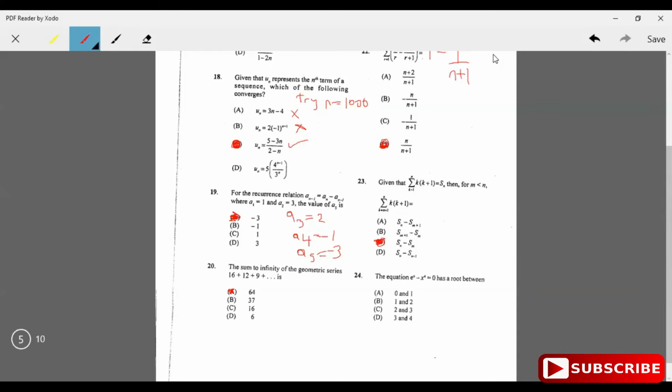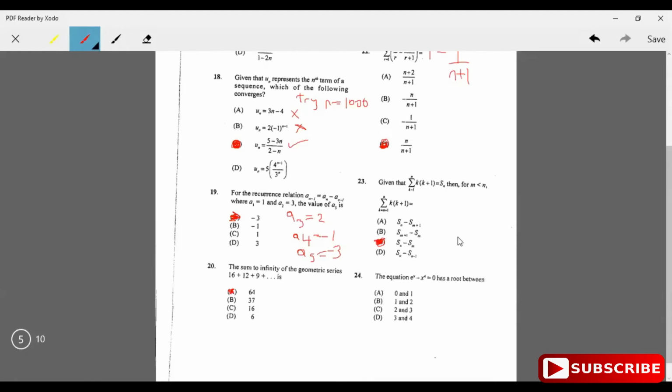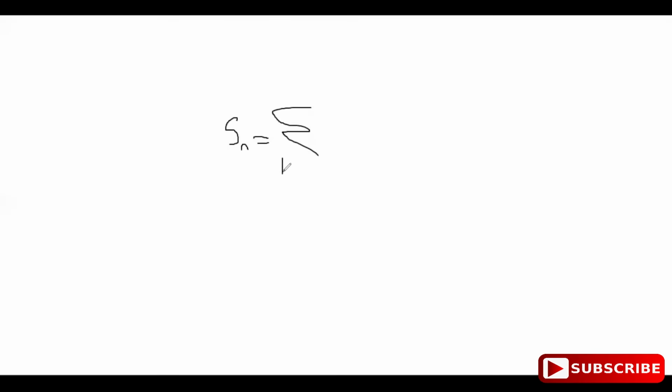All right, so we're going to do 23 again. So let's write it down. S_n is equal to the summation from k equals 1 to n of k times k plus 1.